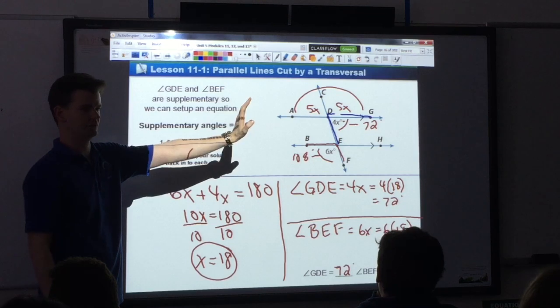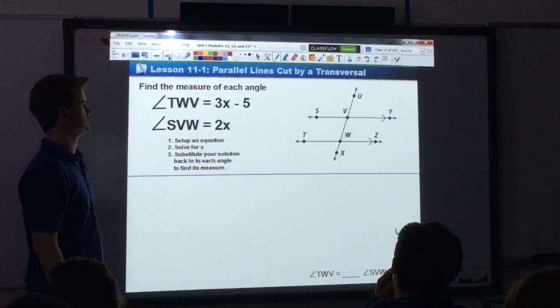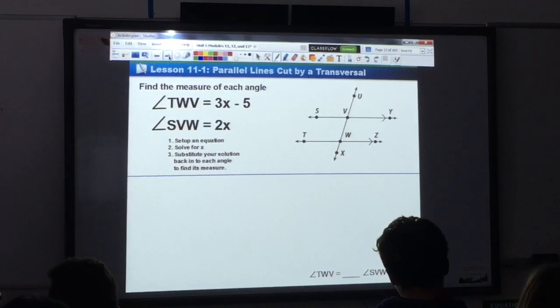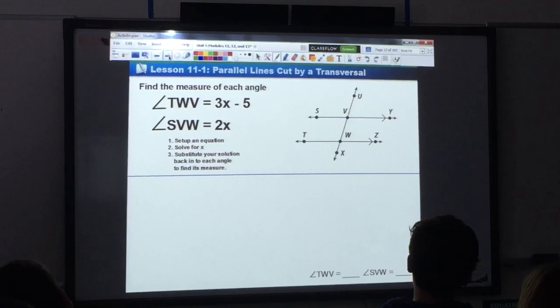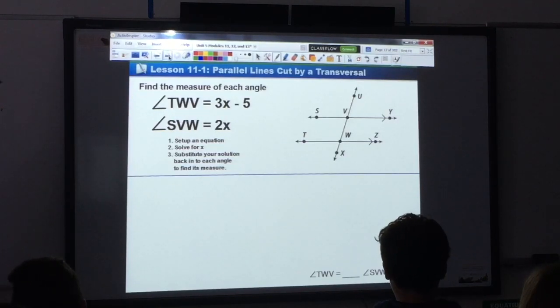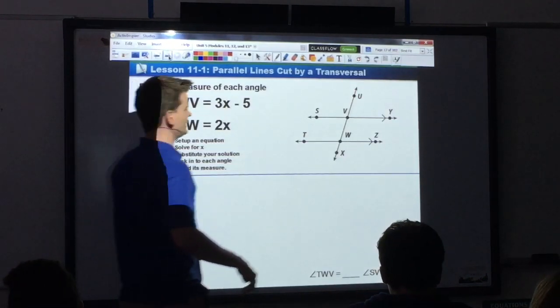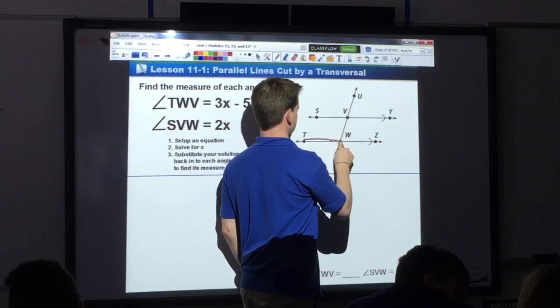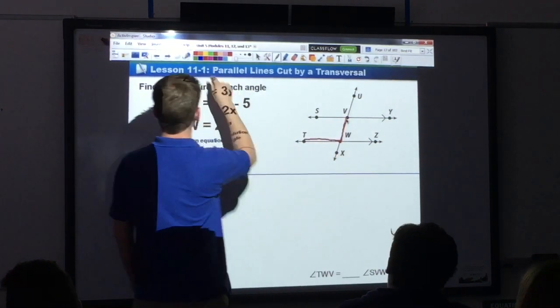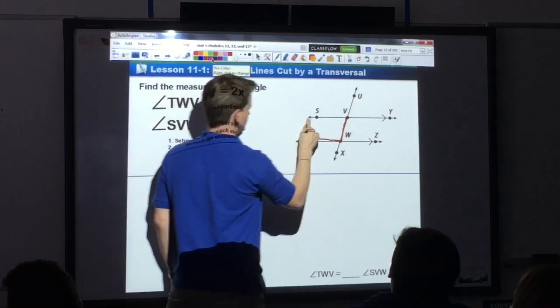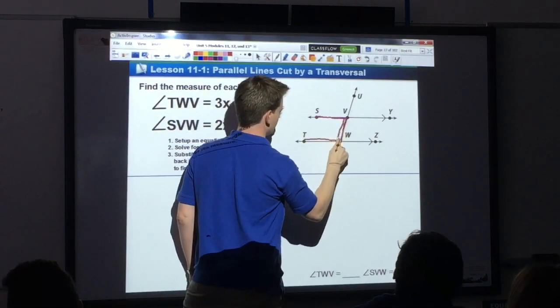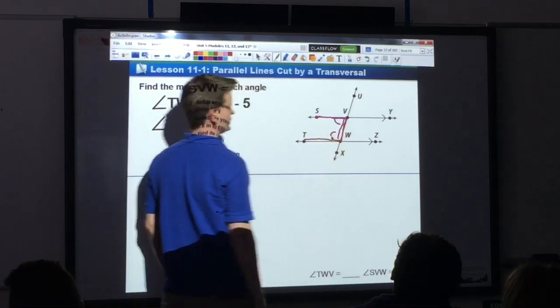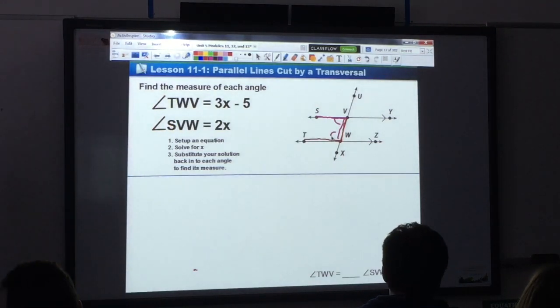Questions? No? Remember, we're writing equations and we're solving. One more problem to go. We have TWV and we have SPW. You want to identify the relationship here. So we have these two angles. What relationship do they have?